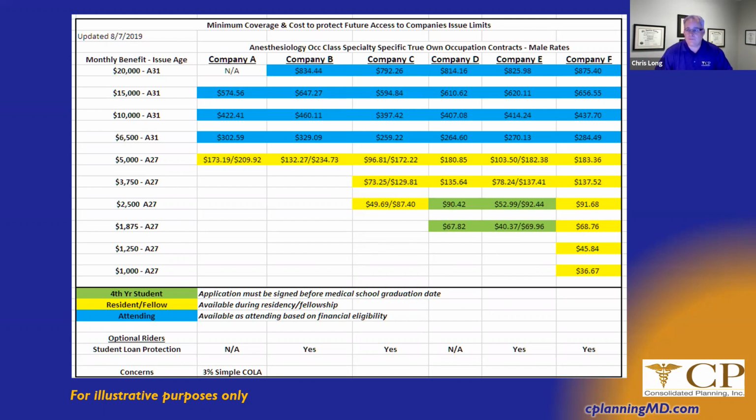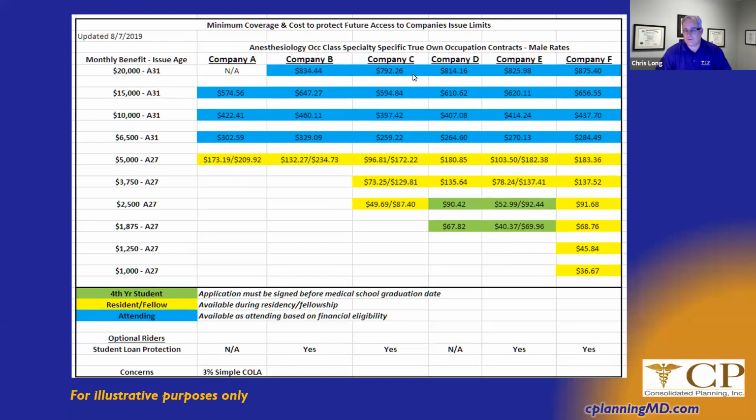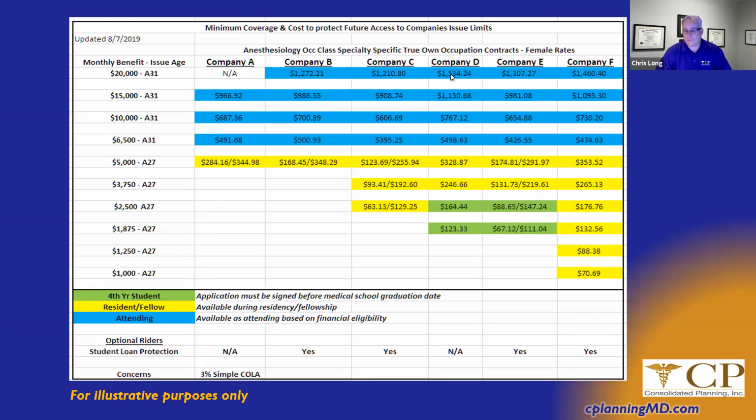And so different specialties are going to have different costs associated. And again, male versus female. So you can see here, female rates are a good bit higher than male rates. Okay. And you know, the insurance companies tell us that females have higher morbidity statistics, so you have higher claims rates, and so you pay more.